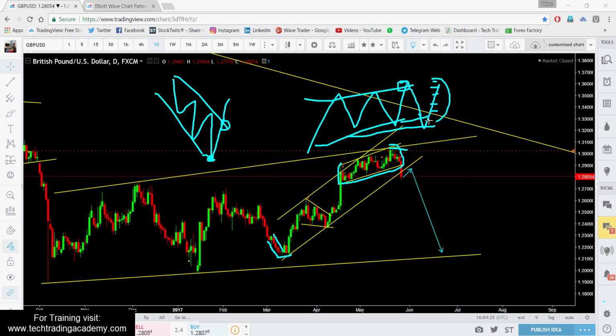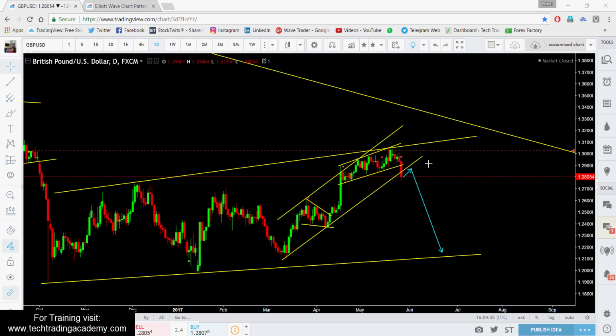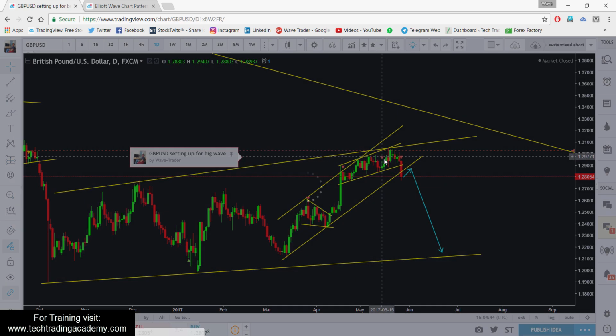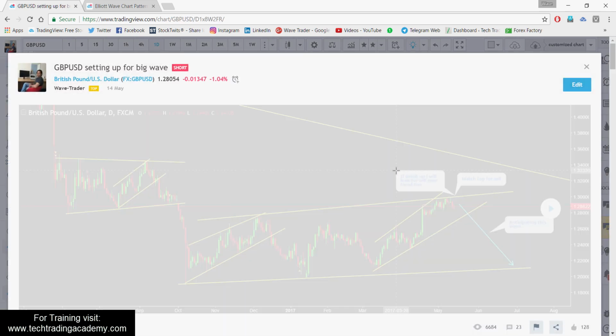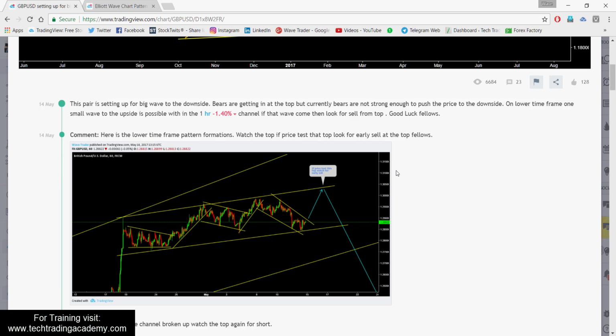That is the reason why we look for entry before the breakout of this channel. We pay attention at the bottom so that we can get into the market on time and manage our risk. So when price was testing that area, we were looking for short there.